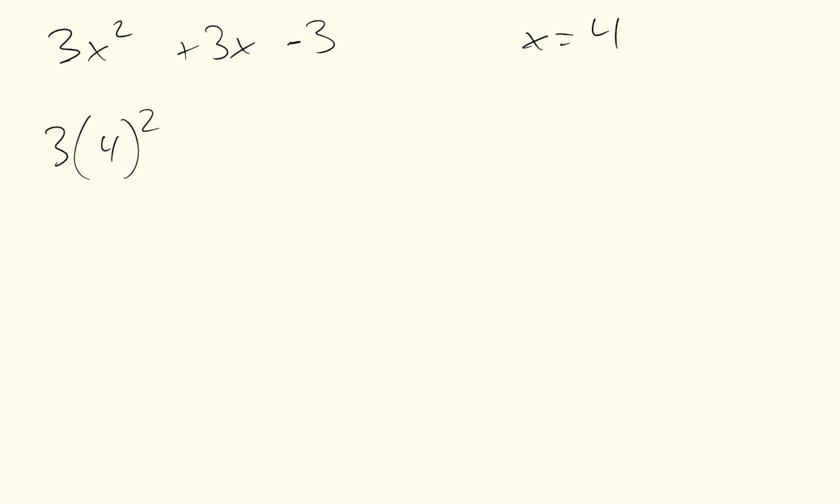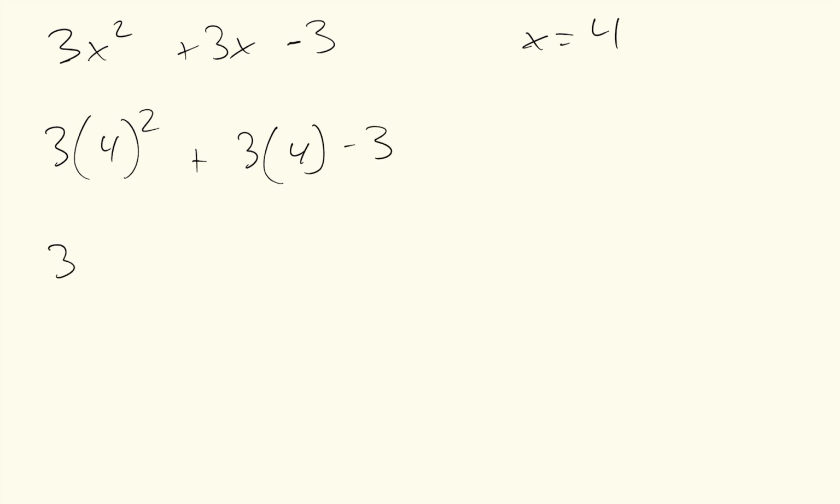Let's try a different example. Let's do 3x squared plus 3x minus 3, and let's make x equal to 4. So now we just got to plug in 4 for all the x's. So you have 3 times 4 squared plus 3 times 4 minus 3.